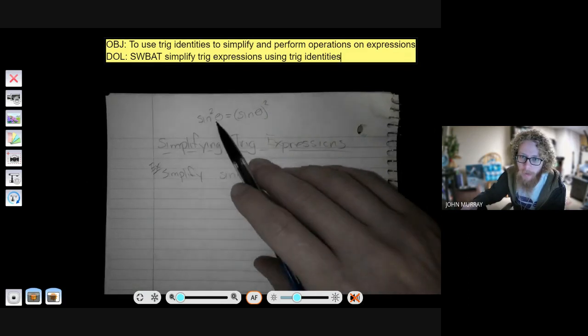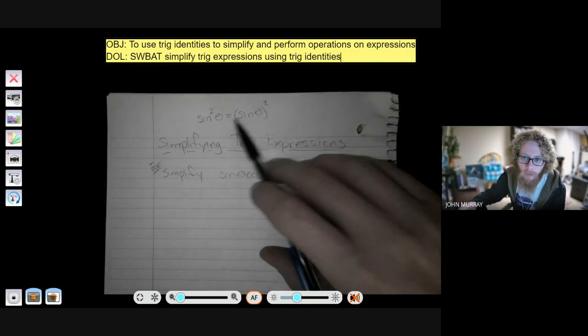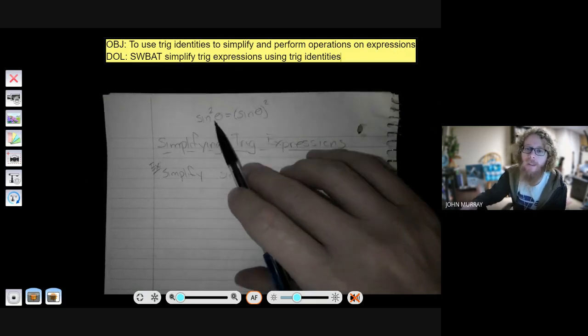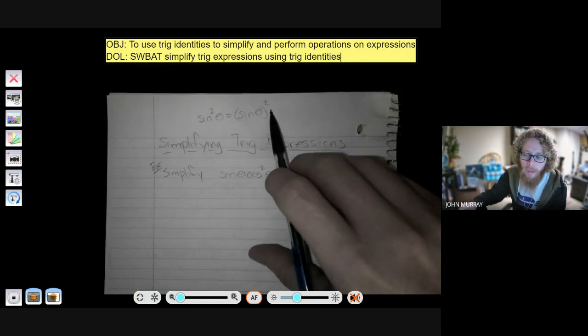If I have sine squared, I can write that as sine of theta, squared. That's how you would type it into a calculator if you wanted to solve.